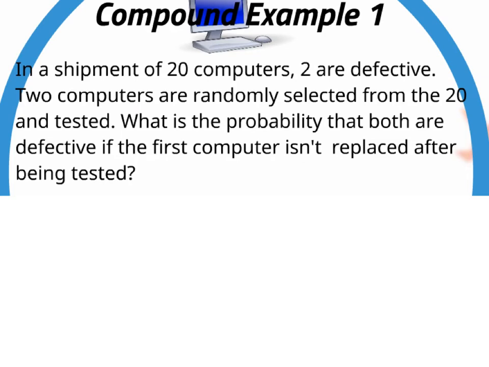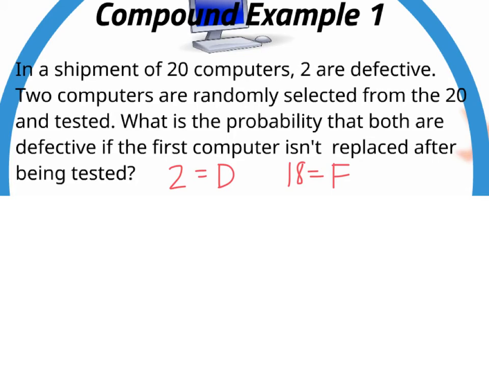So to give you another example, in a shipment of 20 computers, 2 are defective. So that means 2 are defective, or broken, so I'm going to put defective. And that means 18 are fine, so they're not broken or anything. So I'm just going to write that down. 2 computers are randomly selected from the 20 and tested.